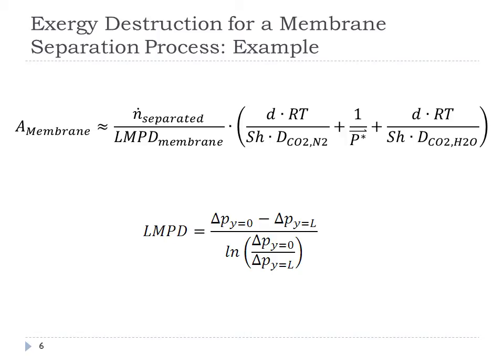And in that case, if there's a characteristic length D, which is like the diameter for the membranes, then inside the bracket here, your mass transfer resistance for the first resistor is that distance.